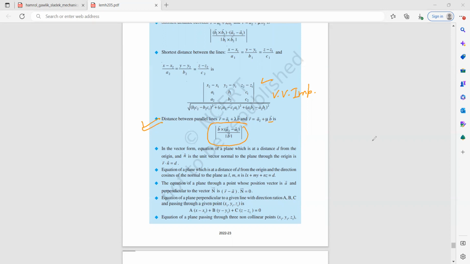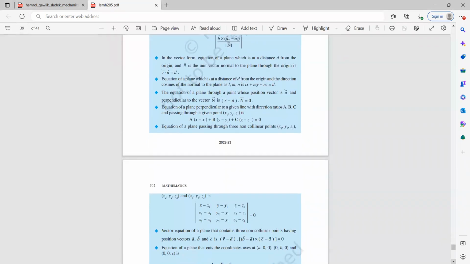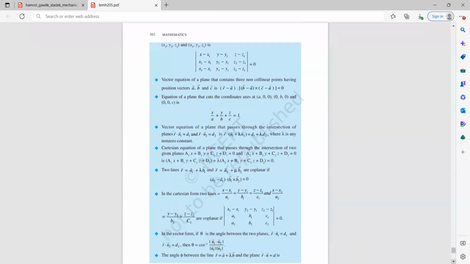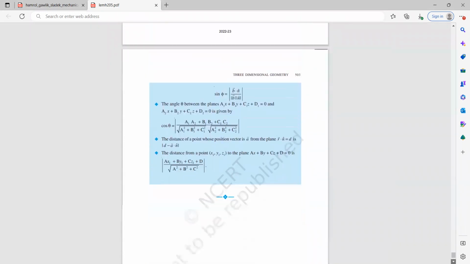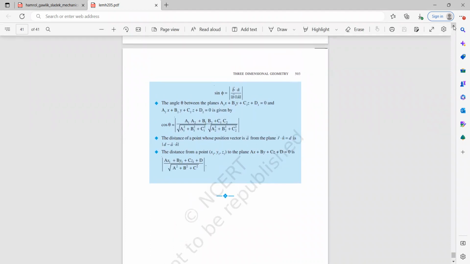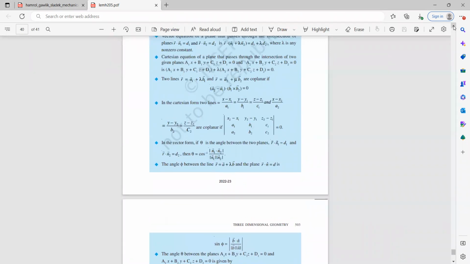But still you can read it once at least. I will suggest you to just read it. But I guess plane is not in your syllabus for this batch.